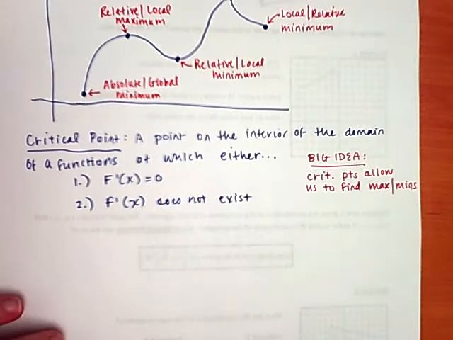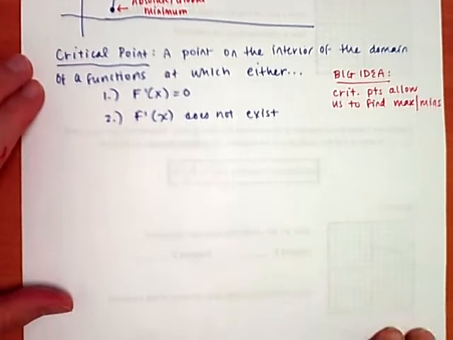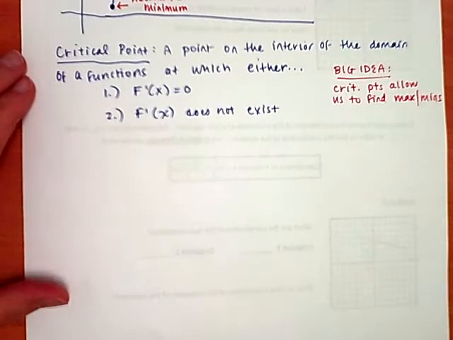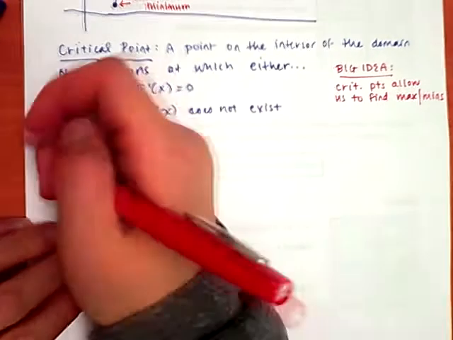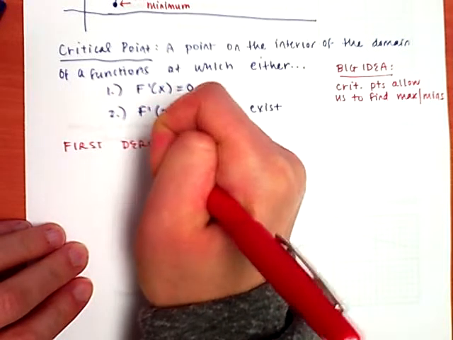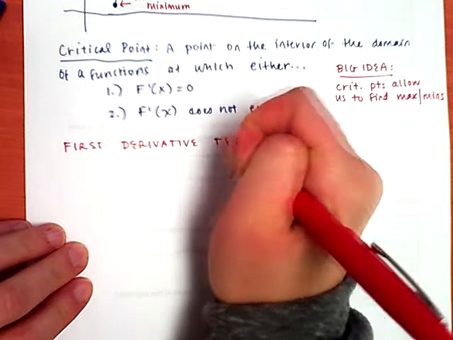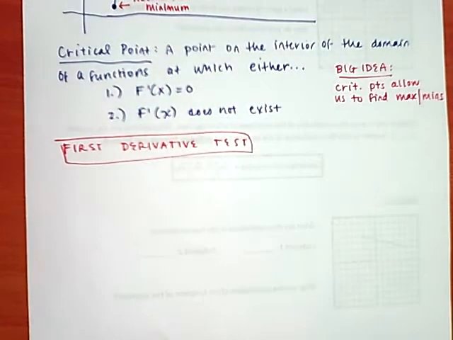And we should keep that in mind as we move forward, okay? So now what we're going to get to is what the first derivative test actually says. And when I write it, you're going to say, well, I already knew that.